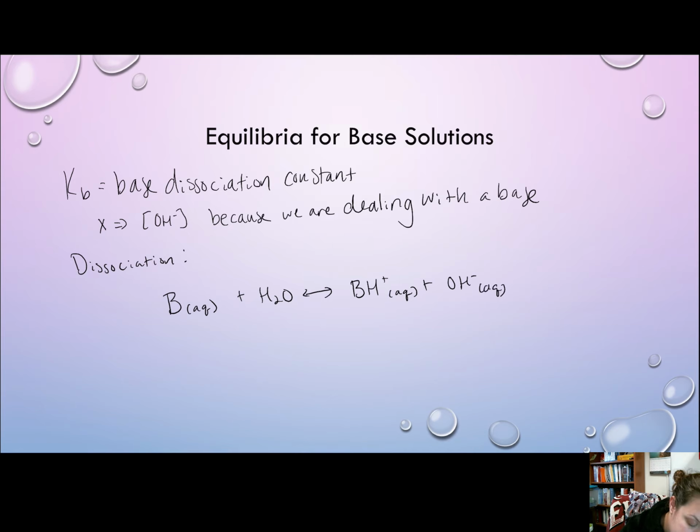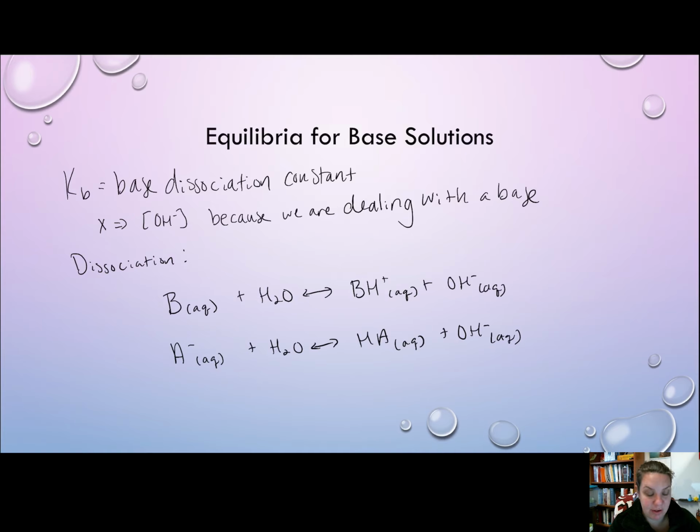Or we could have our conjugate base from a weak acid reacting with water to produce our initial weak acid and hydroxide. So it just depends on if we just have a regular base, like an ammonia base, or if we have the conjugate of a weak acid, which is again a base.